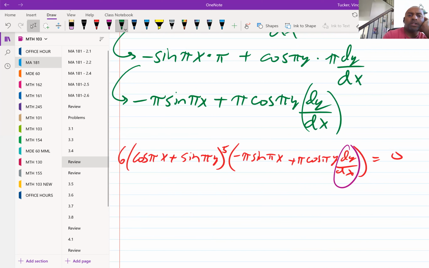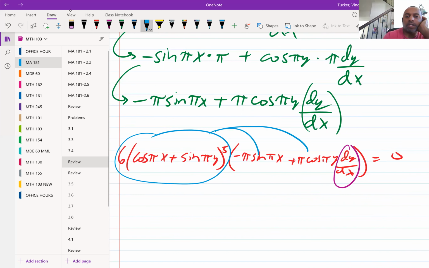So we need access to dy/dx. So really, what I would do is take this quantity and distribute it.